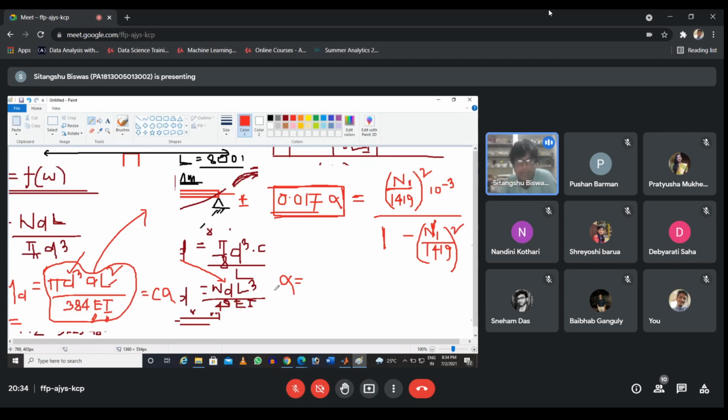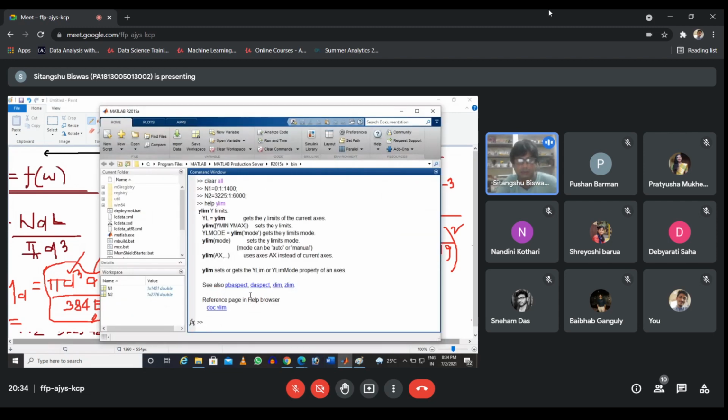I don't know what calculation you are doing, I am taking some arbitrary value. So your sigma 1 is equal to say 20 into... here first I am going to plot n1.